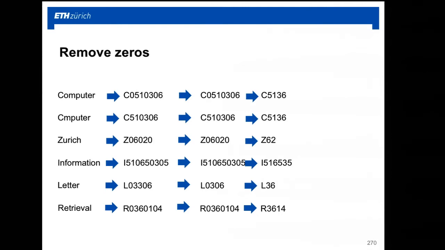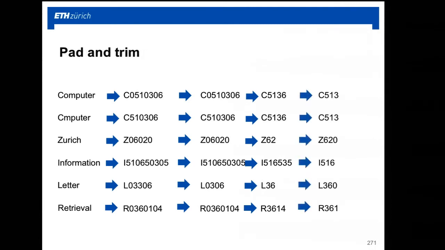I told you it's a 4-character fingerprint. There you go. You just cut or pad. So you take the first 4 here and you cut right here. But this one has 1 not enough, so you add a 0. And surprise, surprise, you can see that here, computer and computer, they have the same fingerprints, right? So this is called the Soundex algorithm.